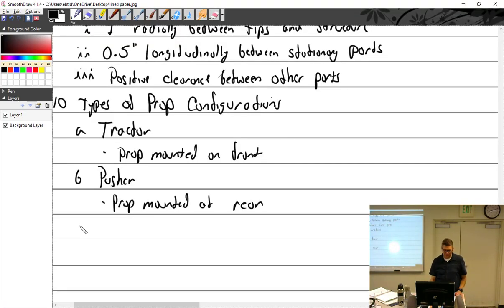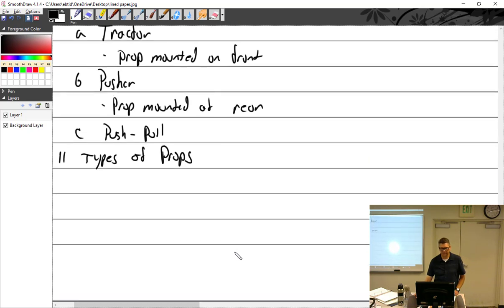Pusher, and then, obviously, by the slides, push-pull. All right. Types of props. Pictures first.